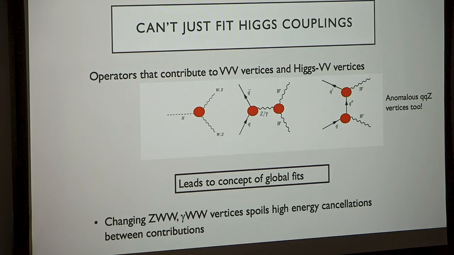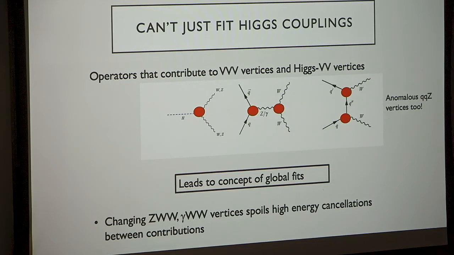So for example, if I go back to the LEP data and look at the Z decays to QQ bar and the Z decays to BB bar, they will constrain the operators that affect the Z decays. So it's all mixed up. All of our processes that we look at get contributions from many of these operators. So Higgs physics is no longer in a world by itself, but it lives with all these other things.